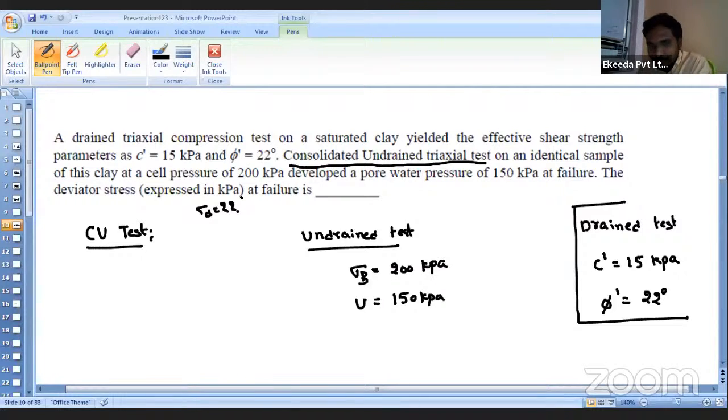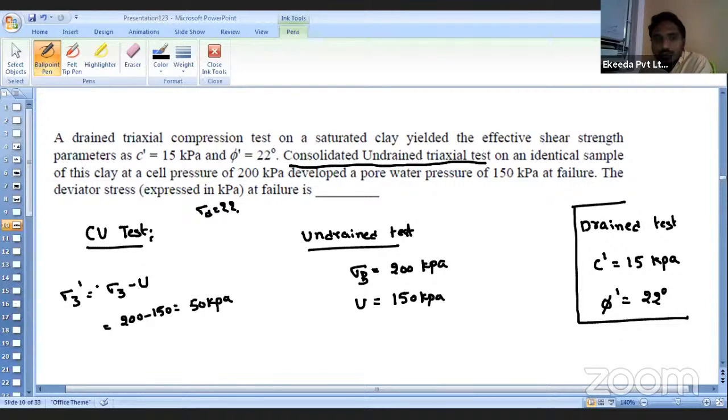Now, let us say if it is a drained test, what about the effective cell pressure? As we are conducting on the same sample, we can say sigma 3 dash is sigma 3 minus u, where u is the pore water pressure. That means 200 minus 150, equal to 50 kilopascal.